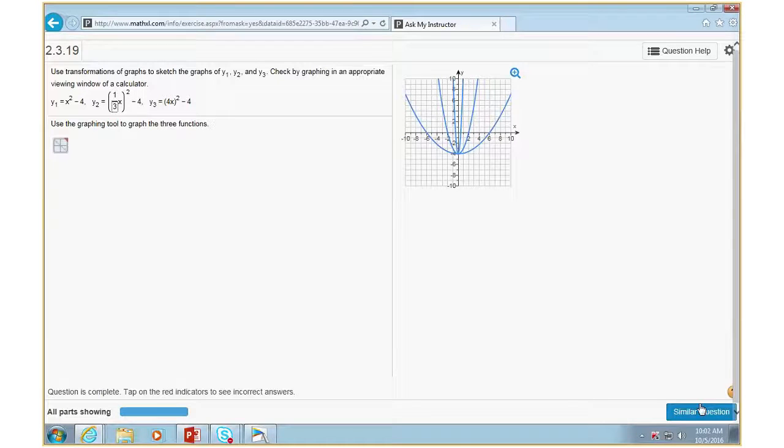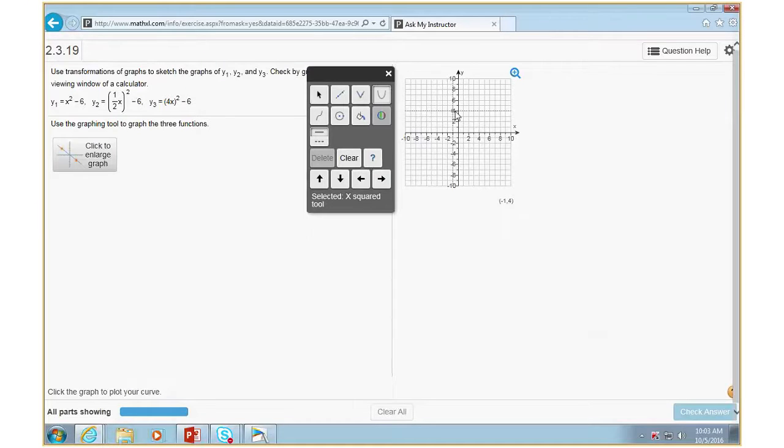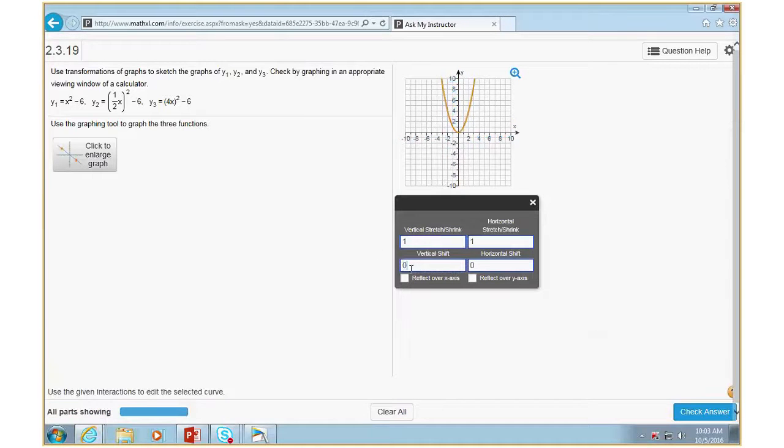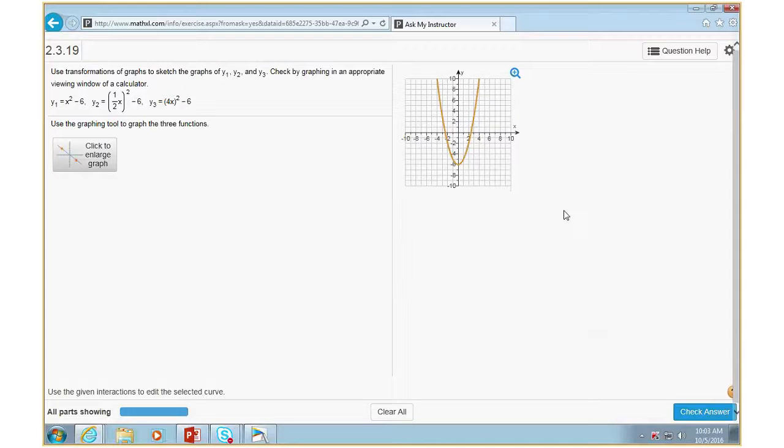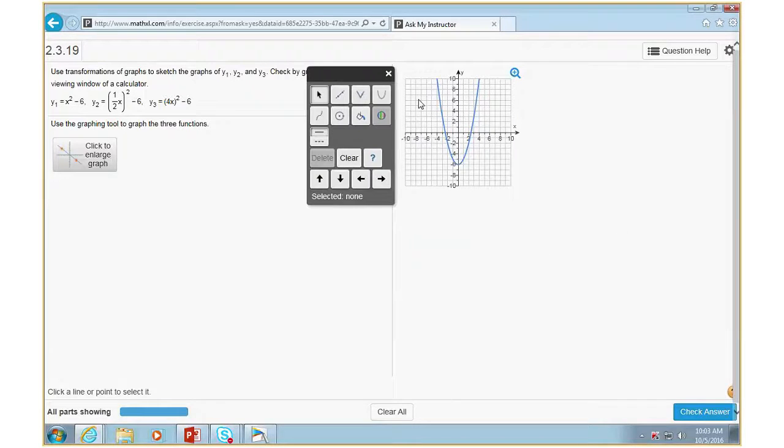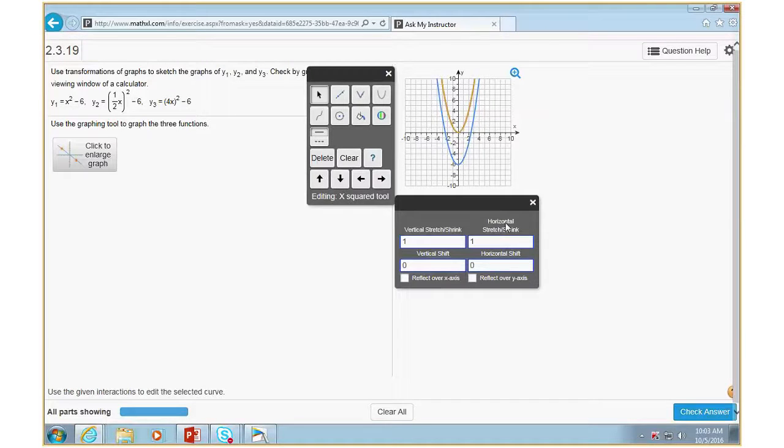Let's do another one and see. All right, y sub 1 is x squared minus 6. So this and -6, and go down 6 places. Okay, now the second. Take 1/4. That means it's being horizontally stretched, it's got to be wider.